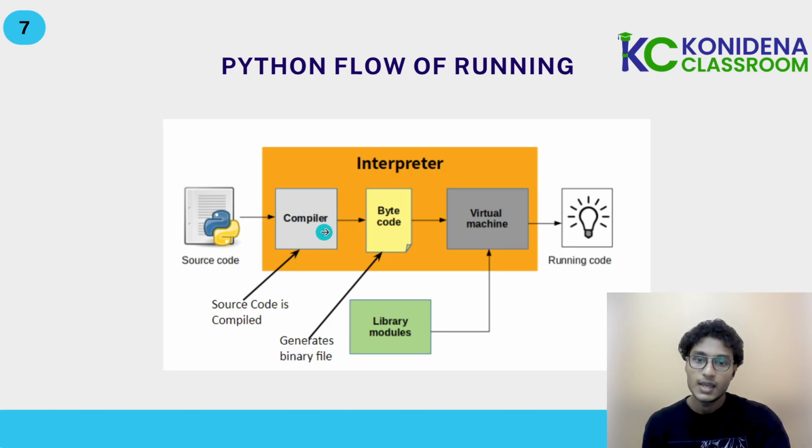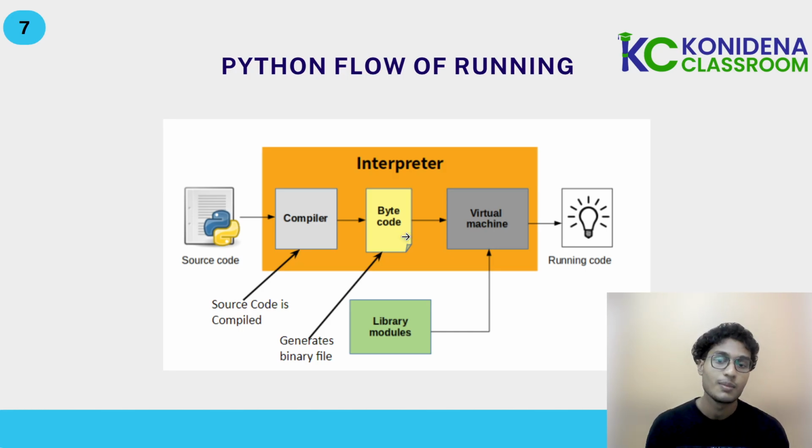Compiler is where it's going to compile all this code, and it will convert it into a byte code. It generates a binary file because a computer can't understand hi, hello, and all. But what it does understand is a binary language, 0 1 0 1 like that. So your code also is getting converted into zeros and ones.